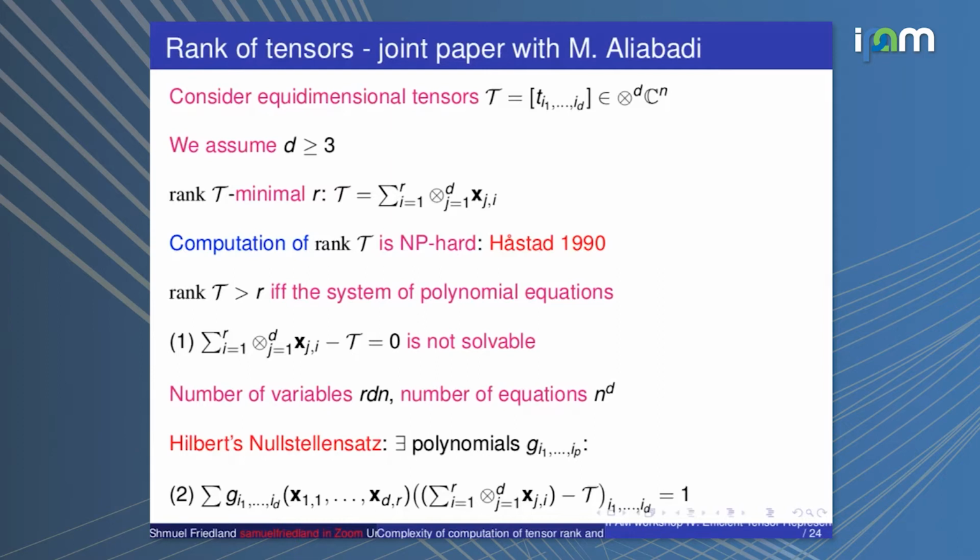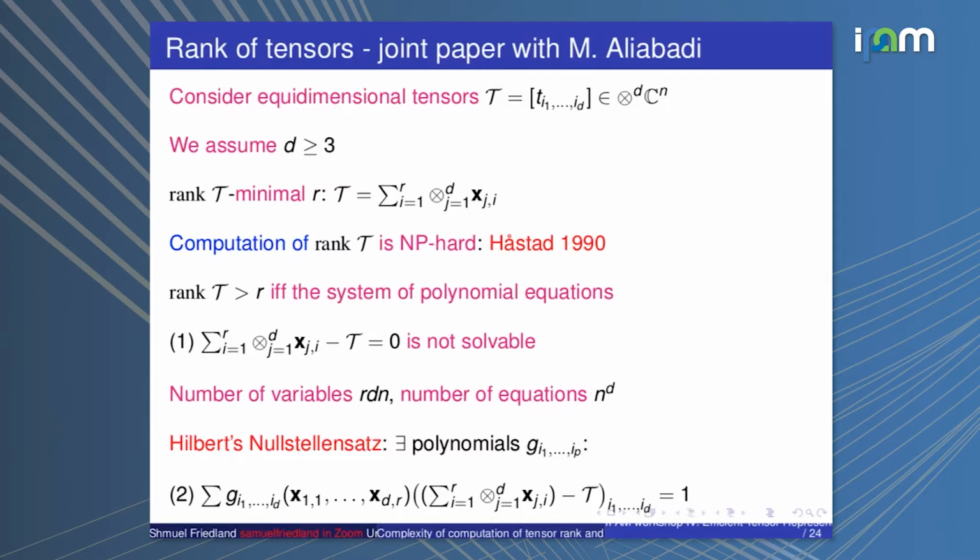This is a system of equations in all these variables, and the number of equations is n to the power d, the number of coordinates in T. The number of variables is dn, because each rank 1 tensor has dn coordinates, and you have R of them.